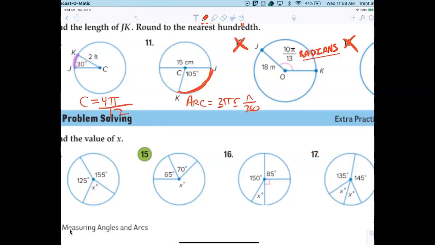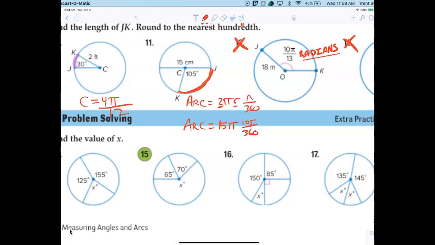The diameter, do you agree? So instead of dividing that by 2 and then multiplying it by 2, I just knew that the arc would equal 15 pi times 105 out of 360. And then we multiply it.